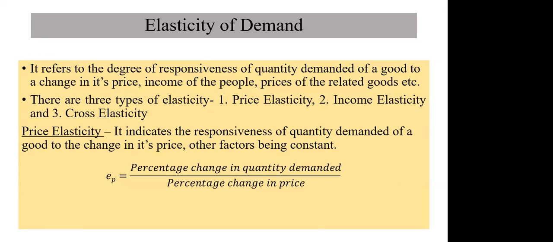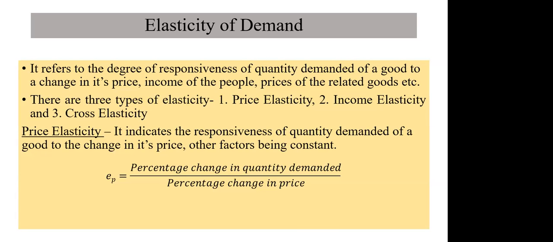It indicates the responsiveness of quantity demanded of a particular good to the change in its price level, while other things are constant. What are the other things? Other things like price of the related goods, taste and preference of the consumer, and income of the consumer.